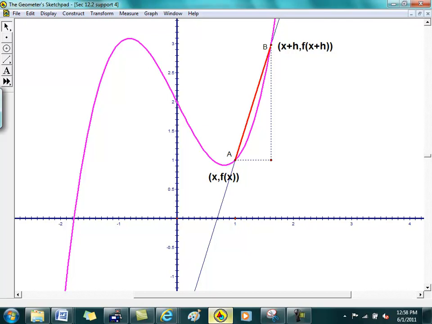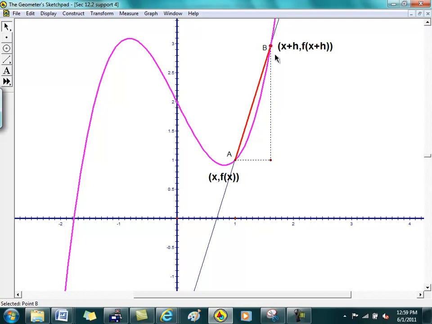Question? Okay. Now, take a look at what's happening as this point is getting closer to A. First of all, let me just tell you, you see this line here? It's the same line that goes through the red line and goes on and on and on. The red part of it is called the secant.